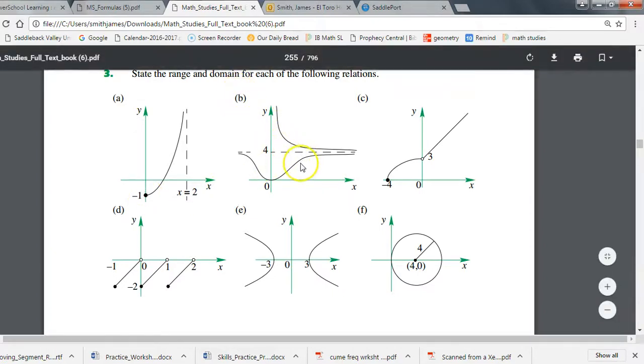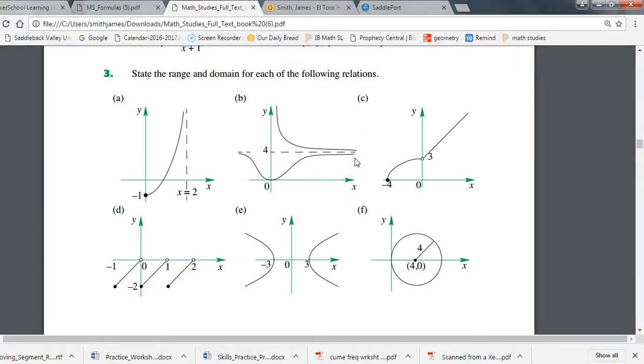For part B, again, as I look from left to right, these graphs go left and right forever, so my domain is all real numbers. But as far as the range goes, we're going to have to write two separate inequalities because the graph is split. One range inequality is going to go from 0 to 4.